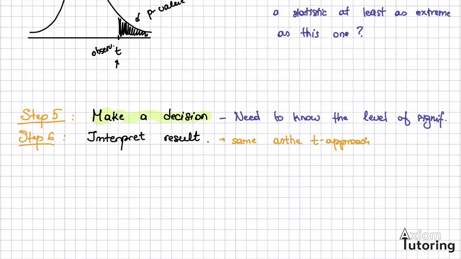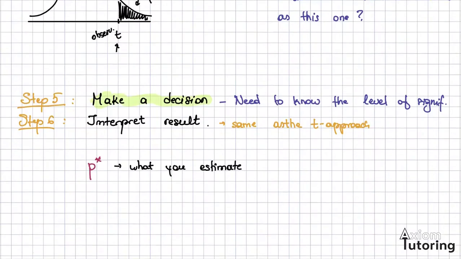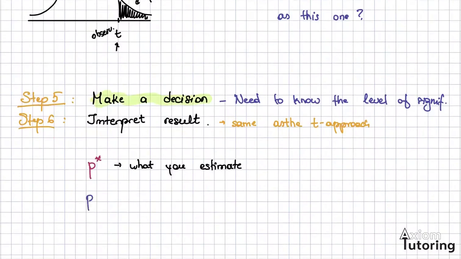So again, we're going to use the same kind of notation that we used for the t approach. We're going to write p star for what you estimate, and we're going to call the p-critical whatever level of significance you're given by a particular exercise.